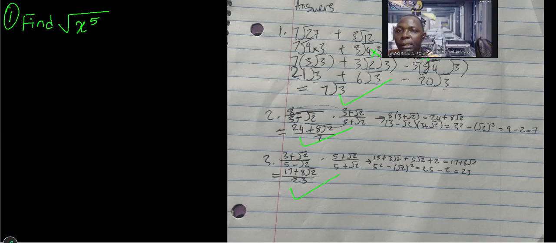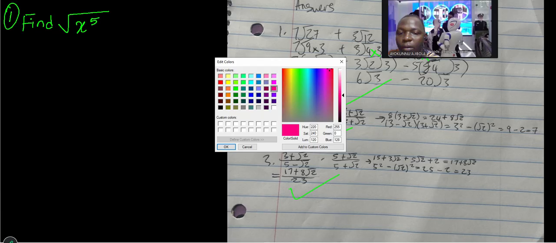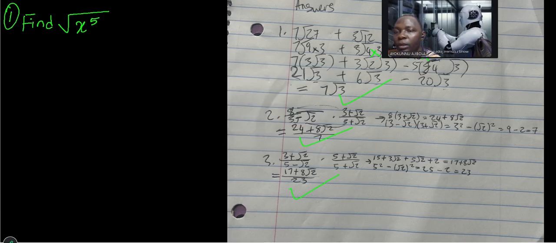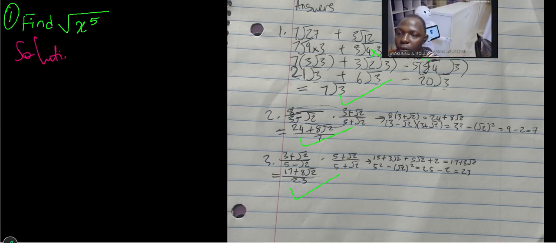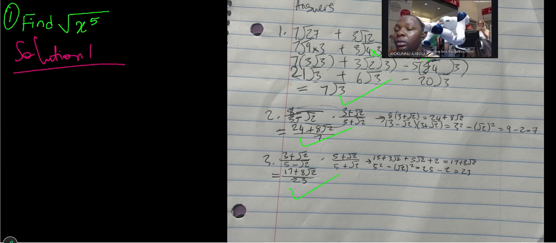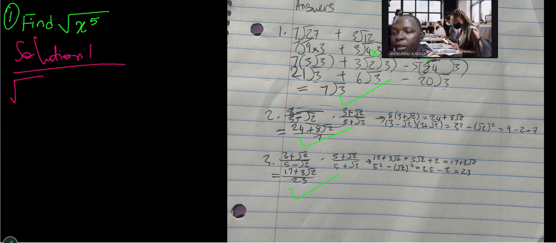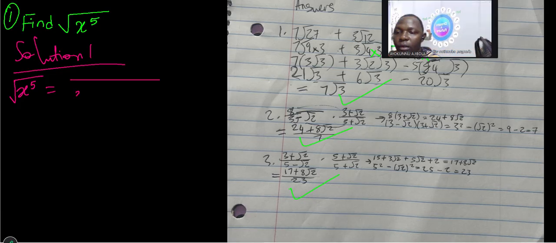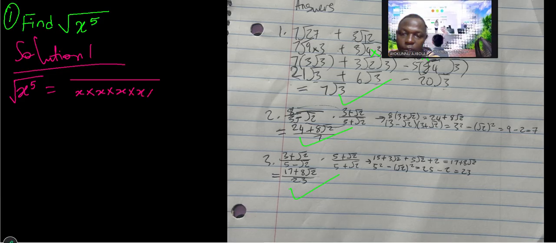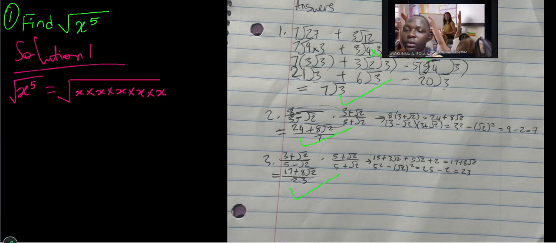The first method is solution 1. We can say x raised to the power 5 is the same thing as x times x times x times x times x into the root, right? Since we're finding the square root, you can choose to put 2, or even if you don't put it, it's still the same thing.